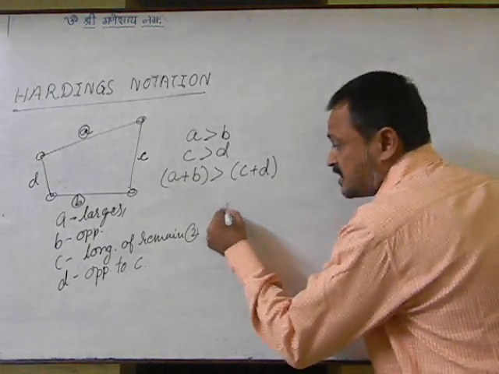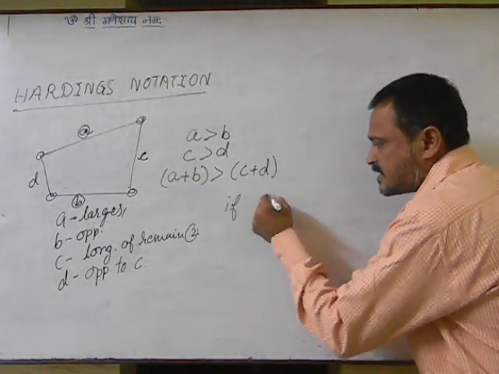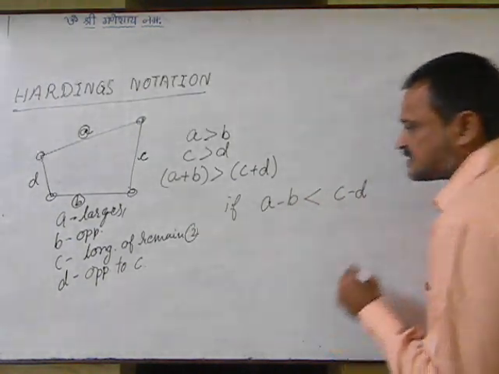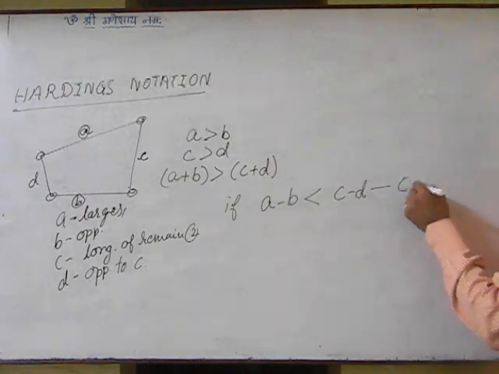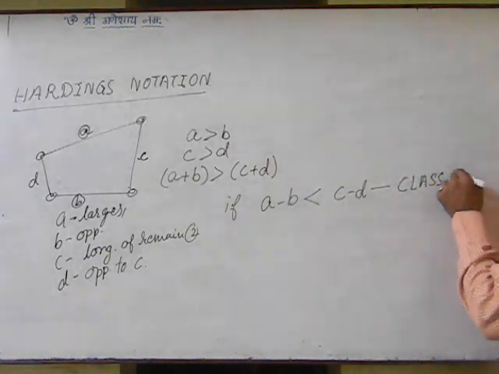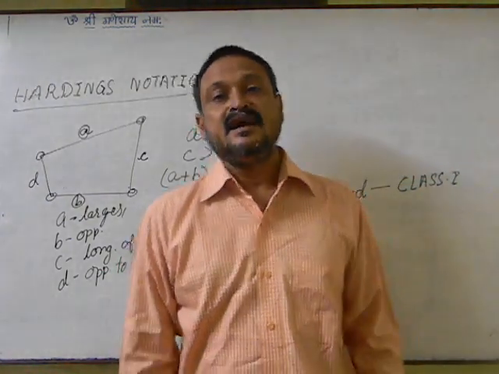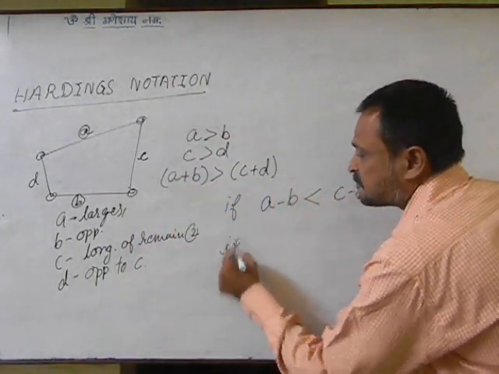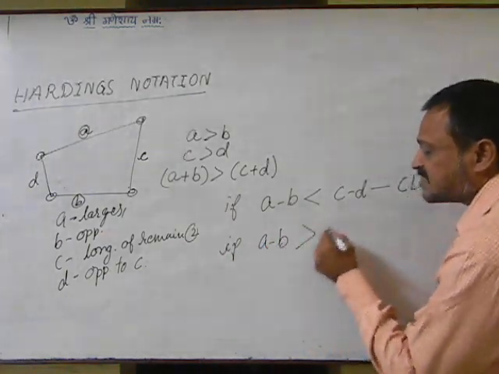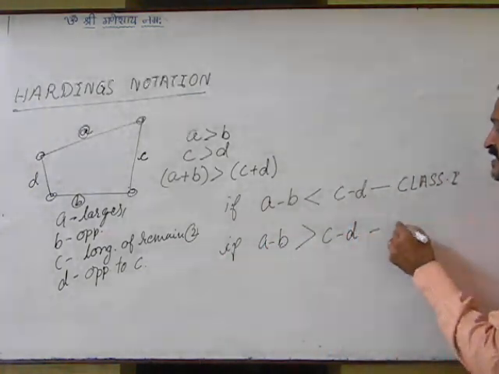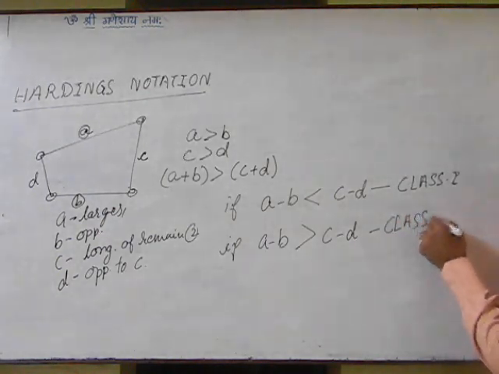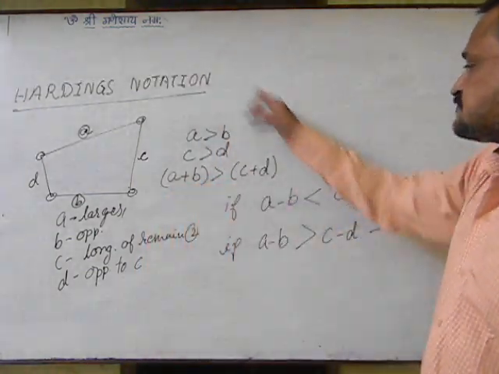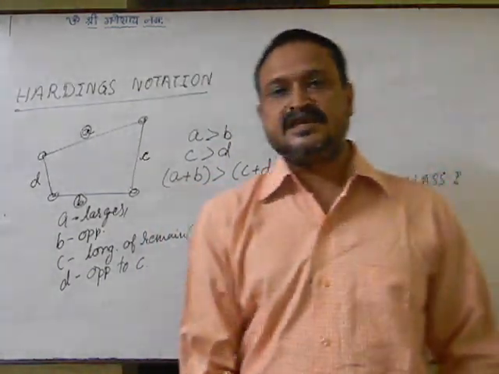Now if A minus B is less than C minus D, for this first case, it will always give me class 1 mechanisms. What are class 1 mechanisms? Class 1 mechanisms are mechanisms having a crank, and if A minus B is greater than C minus D, then it gives me class 2 mechanisms. So this is Harding's notation, right?